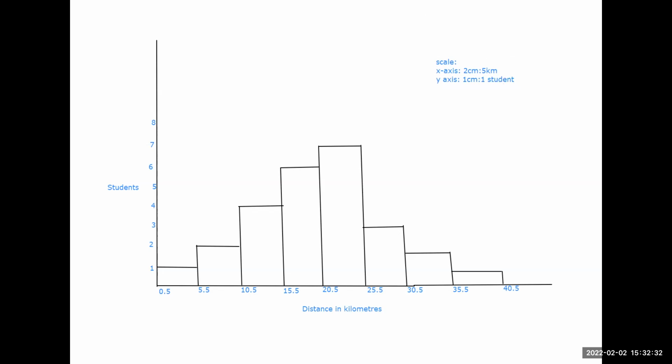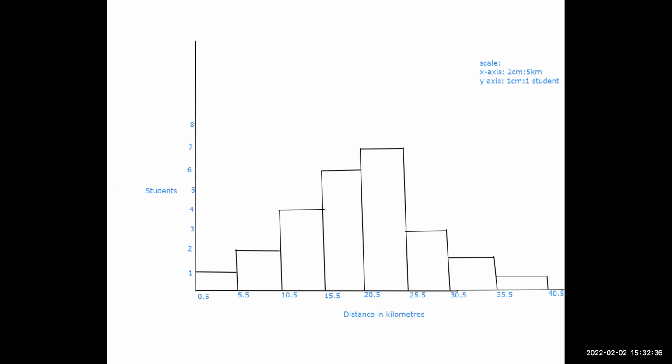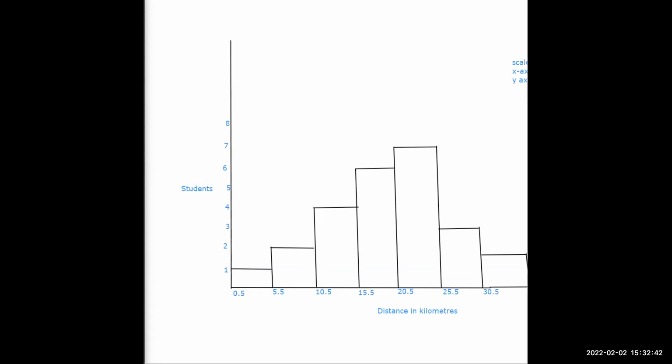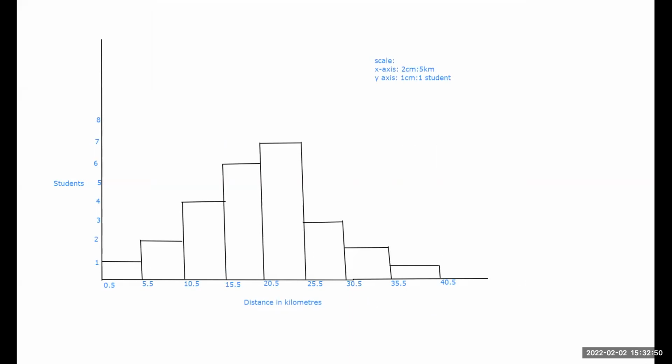Now go back to the next part of the question and see what else they ask after you get the histogram. By the way, Jamie, looking at this histogram, tell me, is this data skewed to the left, skewed to the right, or is it symmetric?